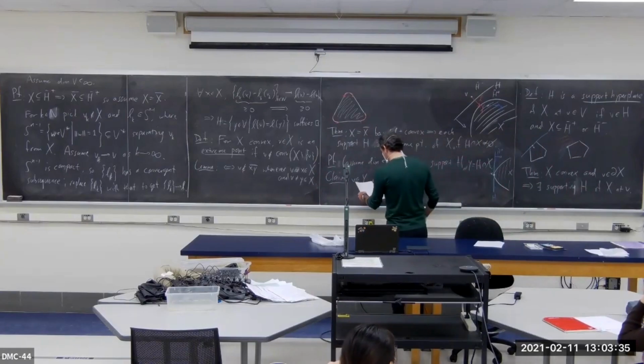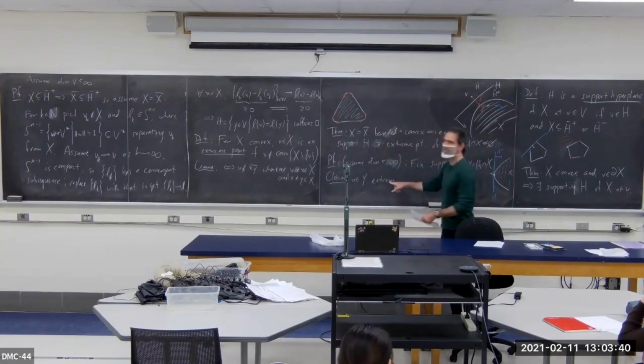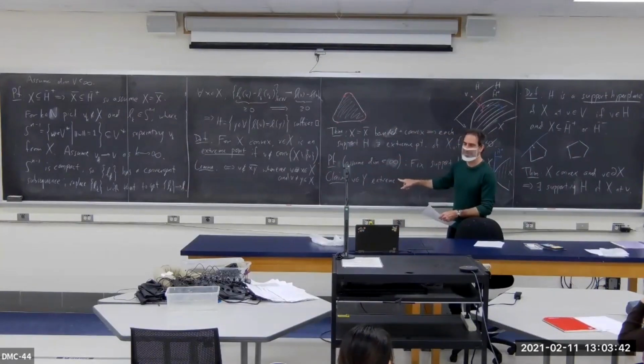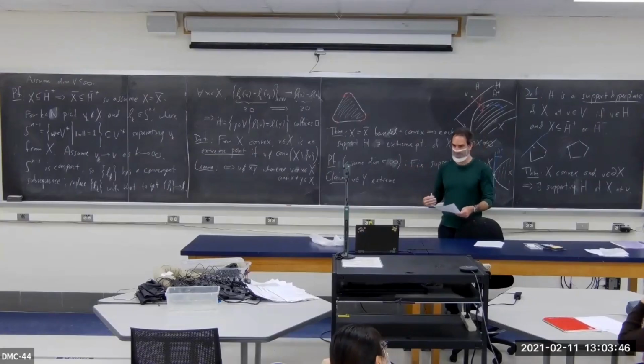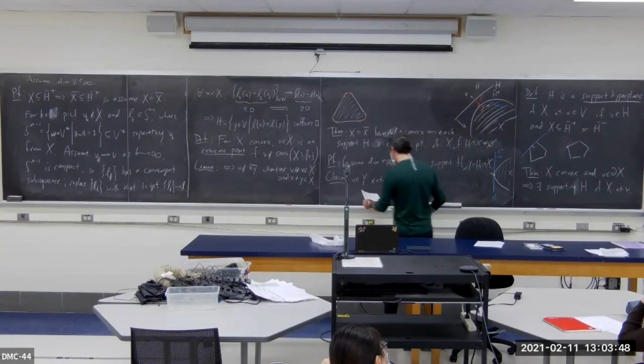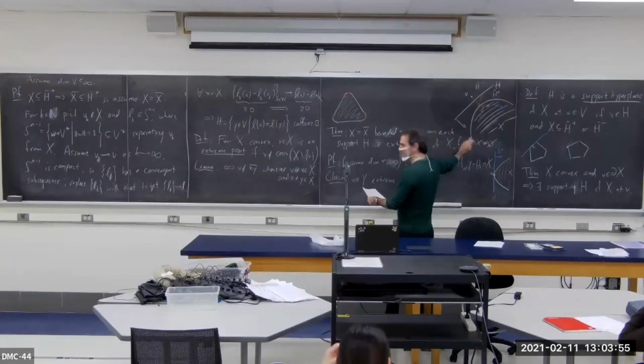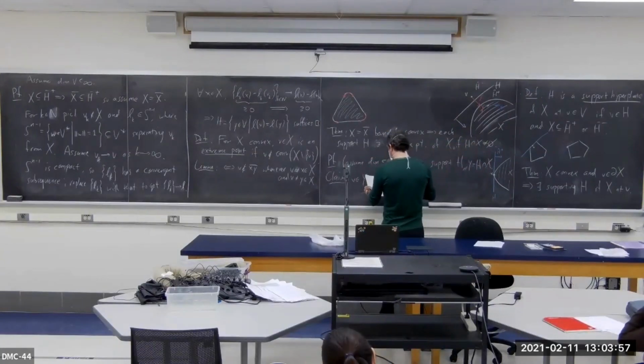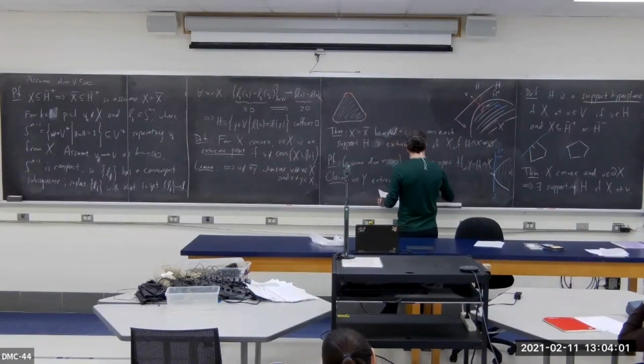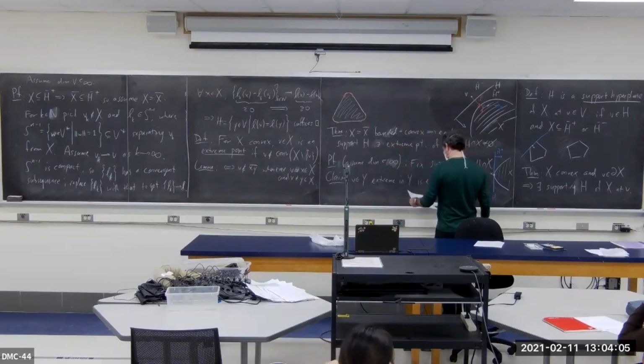So let's say that if you have a point, well, this would still be true. Even if the intersection was empty, this claim would still be true, because what it says is an extreme point in Y is extreme in X, but if there are no points in Y, it's vacuously true. But that being said, the theorem wouldn't be true if I didn't assume this. That's the real problem. So I claim that every extreme point in Y is extreme in X.